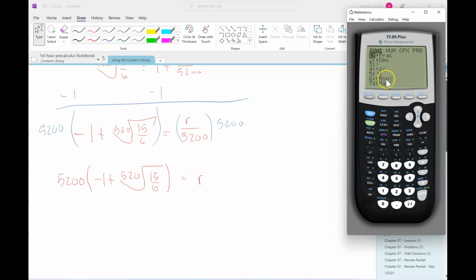I'll press the math button, and then option 5 allows me to pick any index I want, so it'll automatically move the 520 into the index. You could pick the other one first and then type the 520 in. It doesn't matter which way you do that. Okay. So I do that and I get 9.17%.